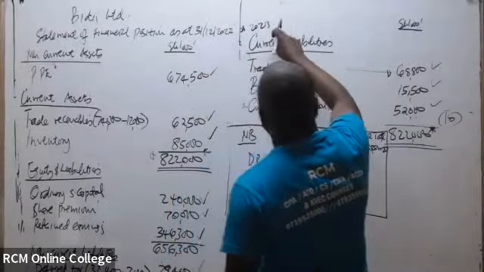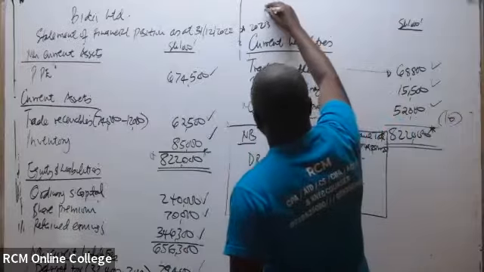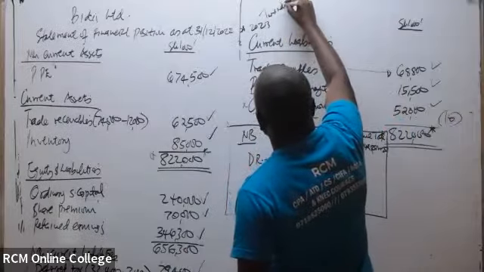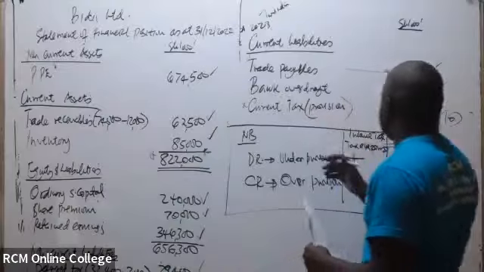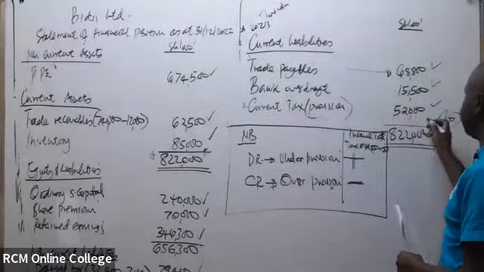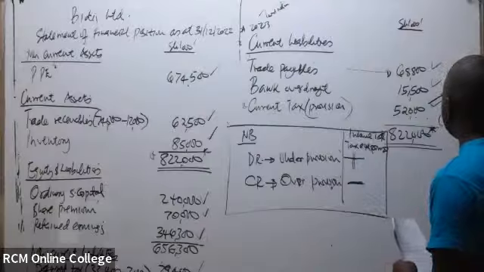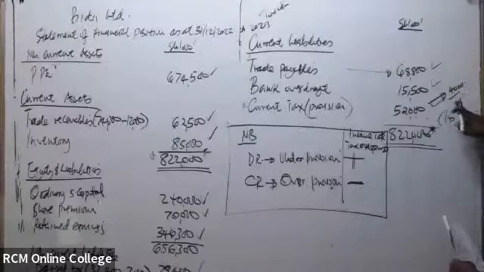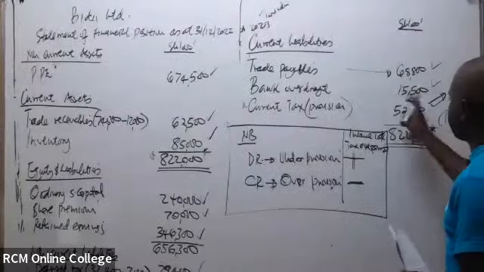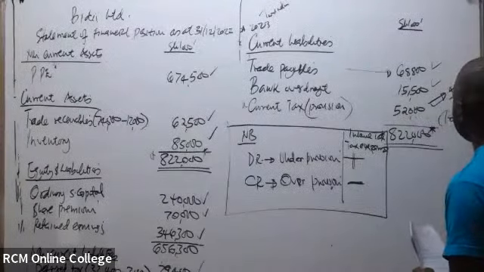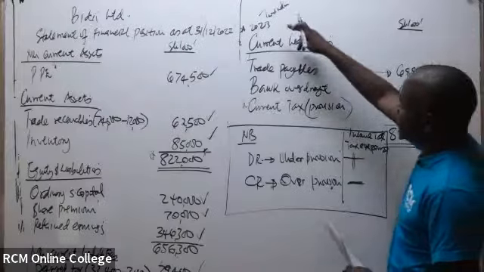But when they're having to settle with the taxman in the year 2023, they realize that they provided for 52 million. But now in this case, they have ended up having to pay maybe 40 million. So it means in this case, they had actually made an over provision of 12 million.